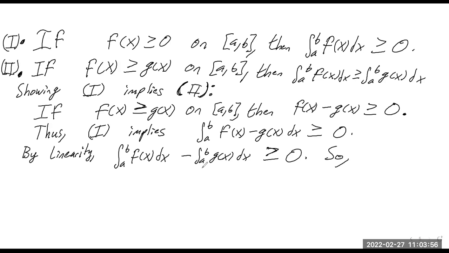So just add that integral on the right to both sides. And what we have is that the integral of f is greater than or equal to the integral of g. And this is actually an analytic proof of the property.